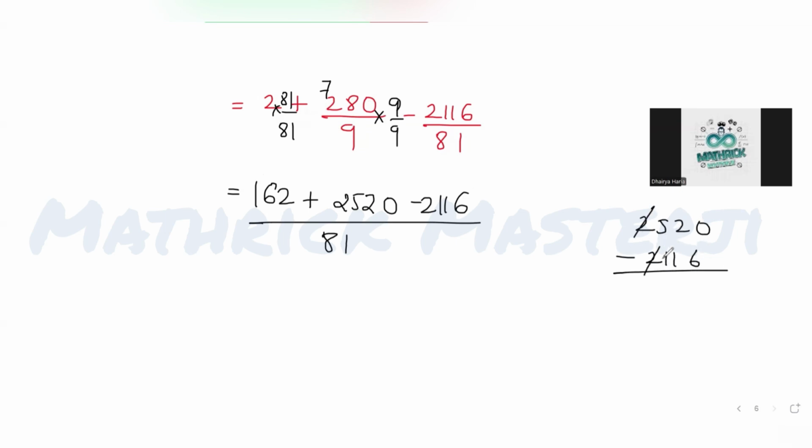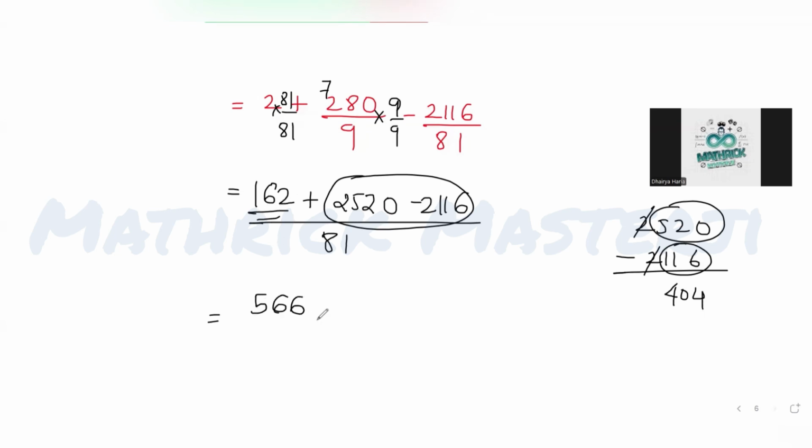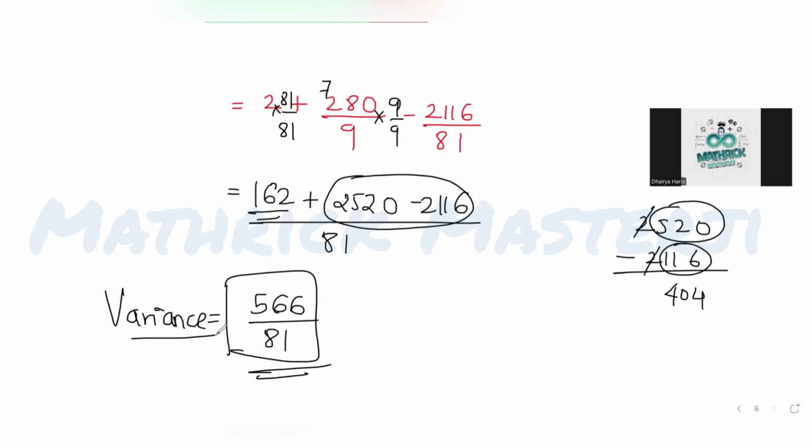So that leaves me with 404. So 404 plus 162, which is 566 over 81. And that's the answer for the variance.